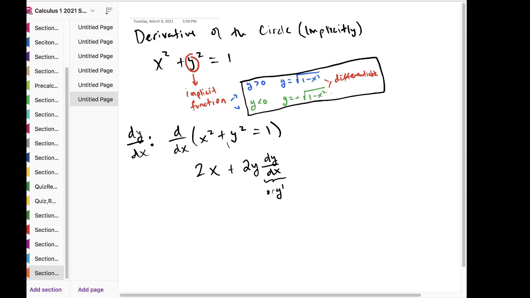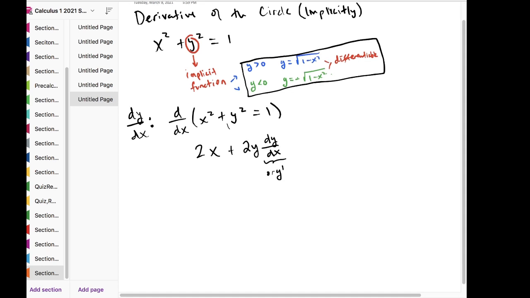I sometimes see students mistake the y prime. But we don't know what dy dx is yet, right? This is what we want. We don't know what this is yet, but we know it exists implicitly.